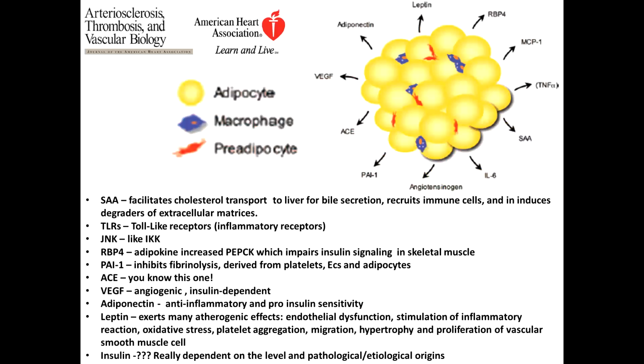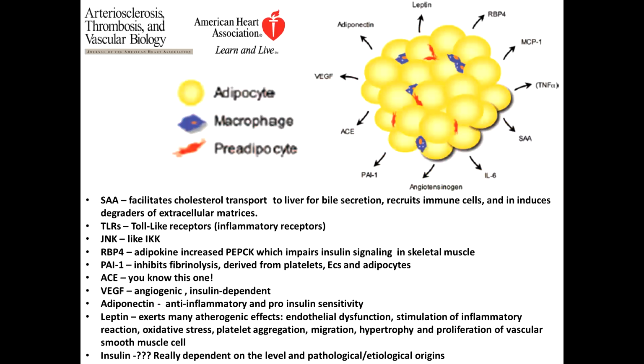Another one that is really interesting is VEGF, and one of the guys talked about VEGF, which is the vascular endothelial growth factor. It's pro-angiogenic, and we need blood vessels, but high levels of VEGF facilitate or promote cancer growth.